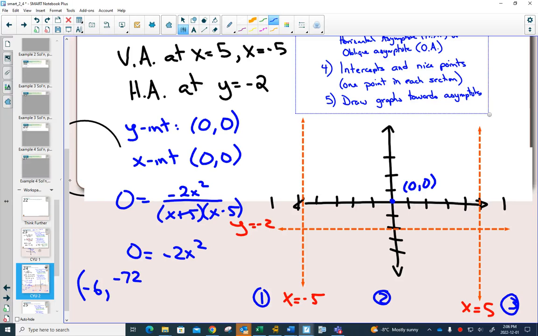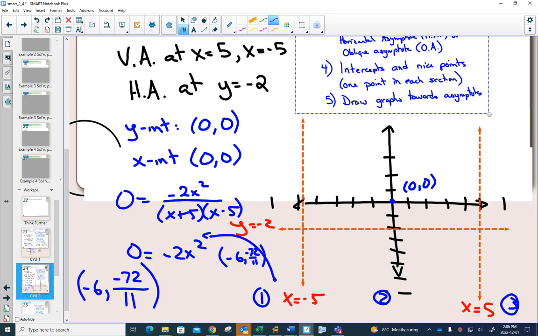And the bottom will be negative 1 times negative 11, positive 11. Negative 72 over 11 is going to be negative 6 point something, if you do a quick estimate that way. So I go to negative 6, 3, 4, 5, 6, 7. Negative 6 comma negative 72 over 11.